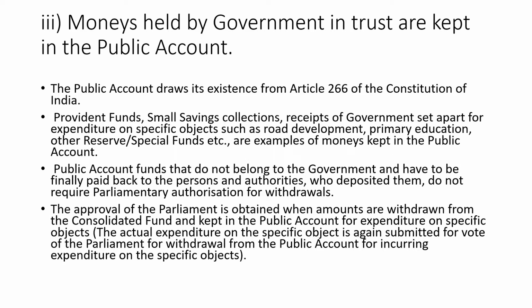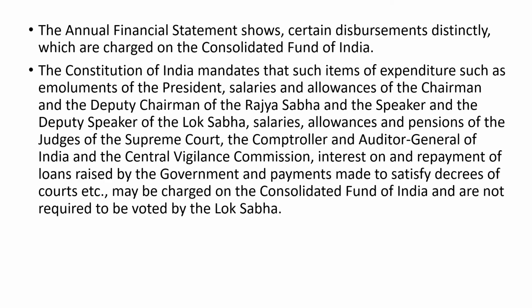Since it is so, the government doesn't have to go for a parliamentary meeting to get authorization for withdrawal of such funds. The approval of Parliament is actually obtained when the amounts are withdrawn from the Consolidated Fund and kept in the Public Account for expenditure on meeting some specific objective.